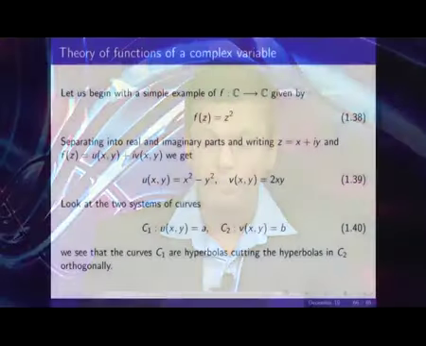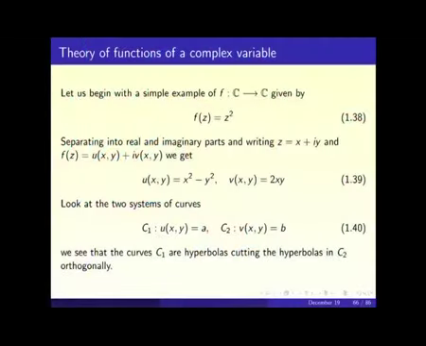Calculus will tell you how to compute these slopes, how to compute the derivatives, to check that these two curves are orthogonal to each other. So that gives you a very nice example of two orthogonal trajectories.